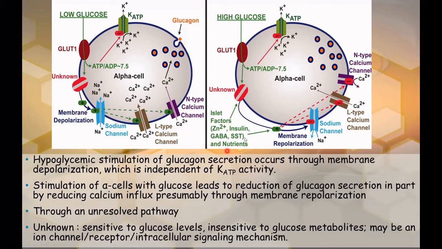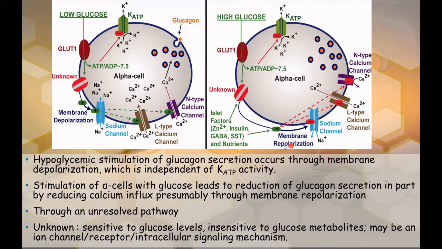And there are several islet factors like zinc, insulin, gamma aminobutyric acid, somatostatin, and other nutrients which cause membrane repolarization.